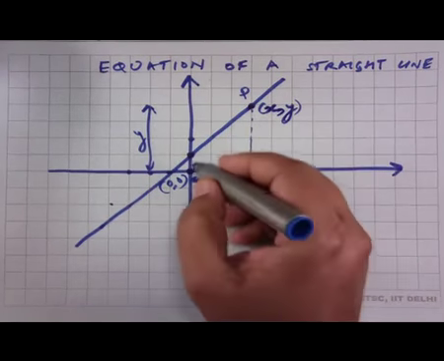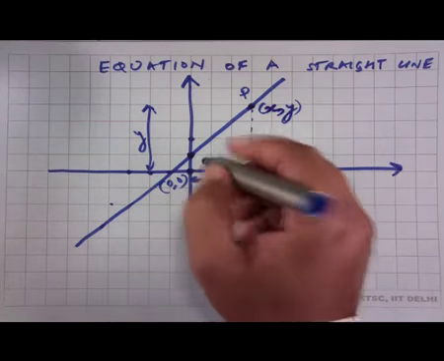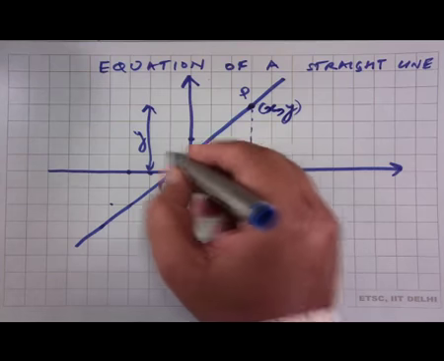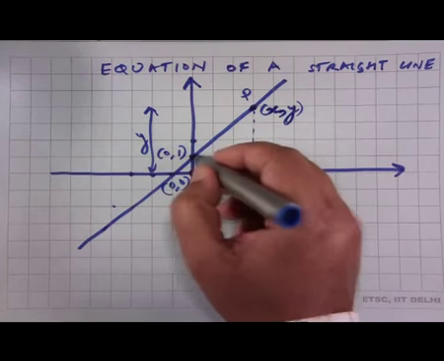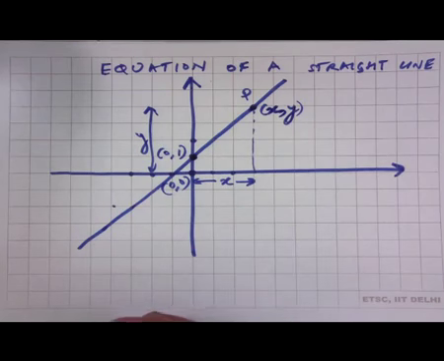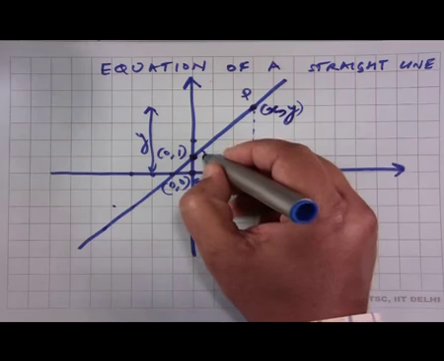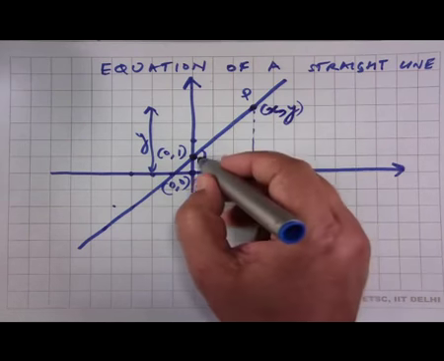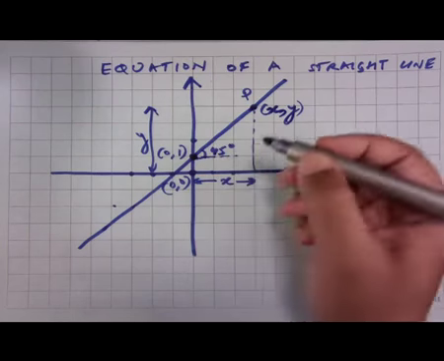it will lie on this straight line. Now, if you see here, this straight line passes through this point x 0 y 1, which is this point. Further, this angle here is 45 degrees.